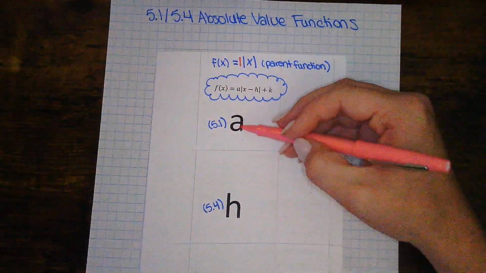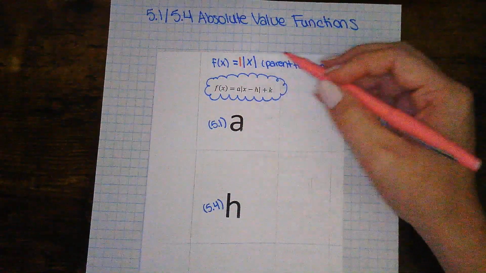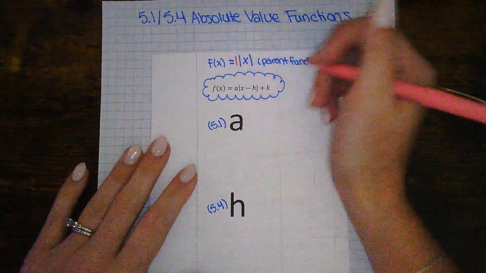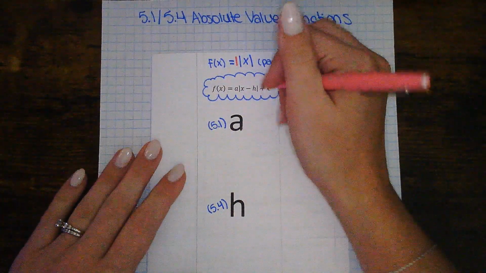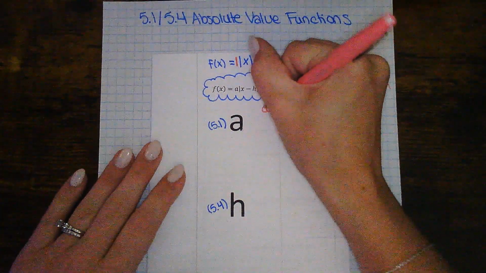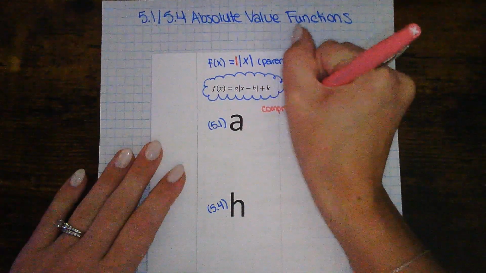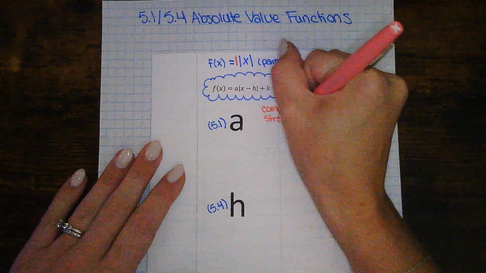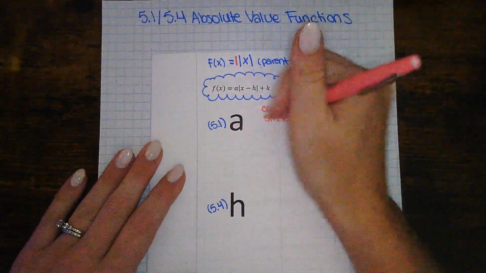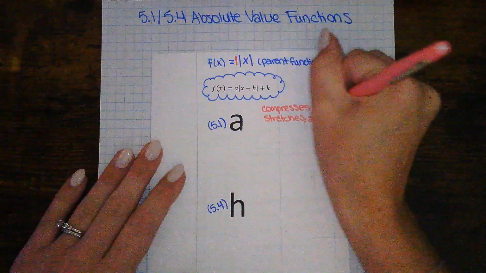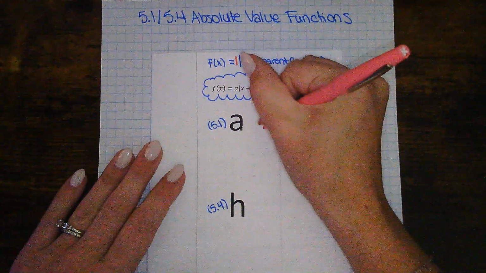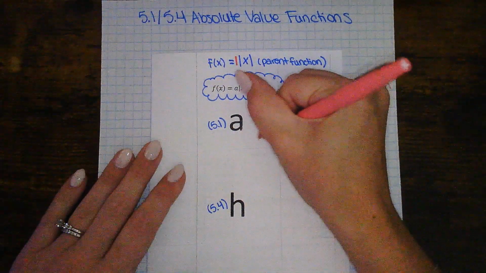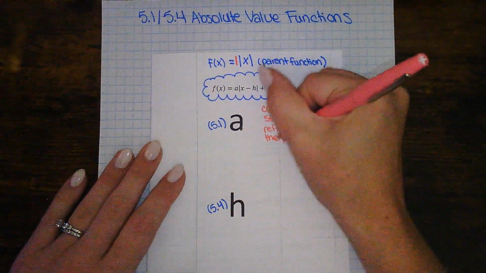When we do something to this value a and we change it so that it's not 1, we're going to see that we can compress, stretch, and/or reflect the parent function.